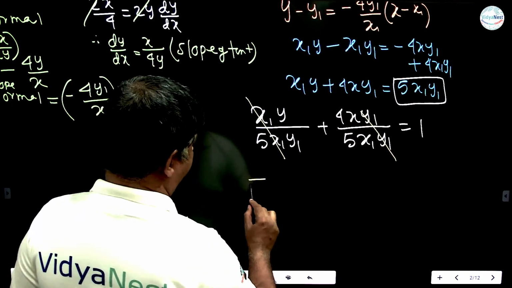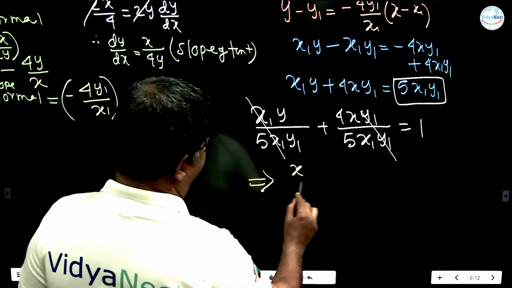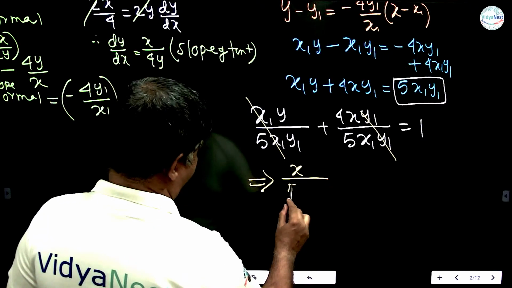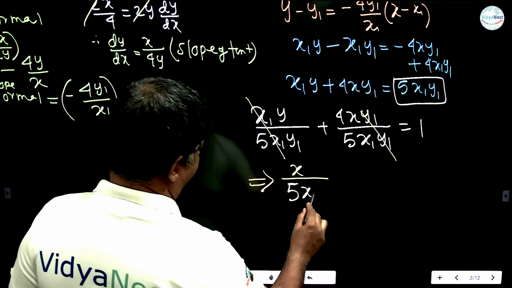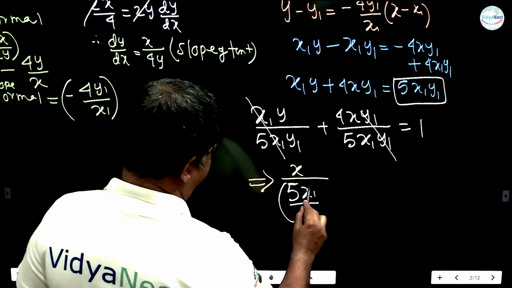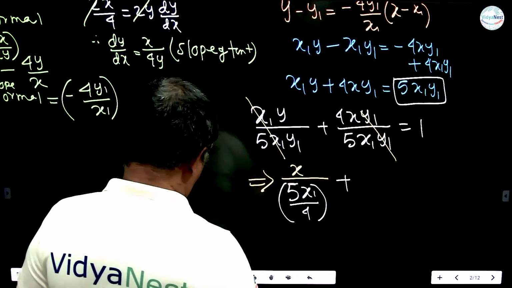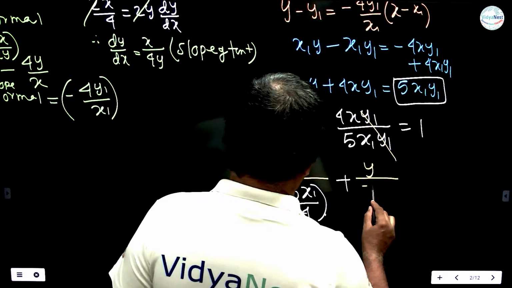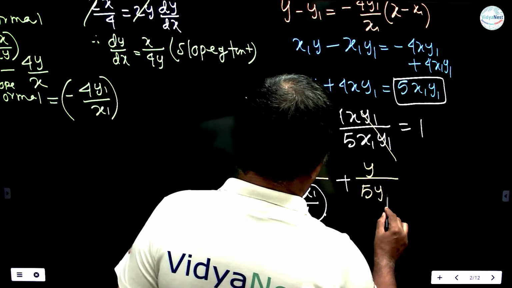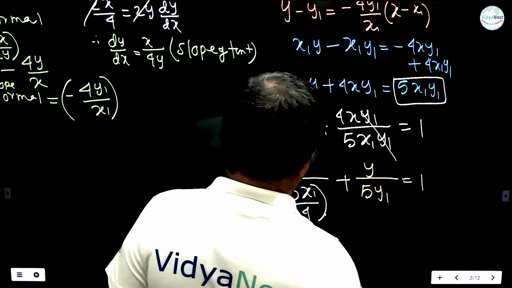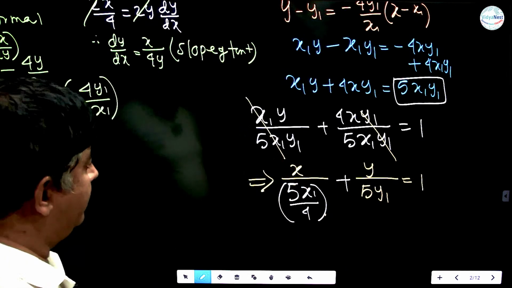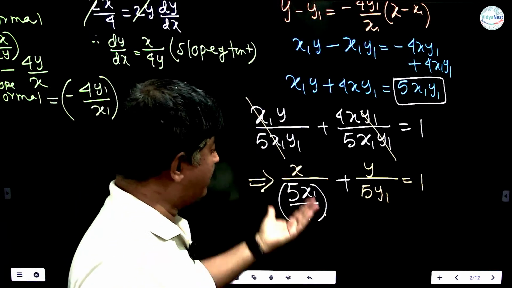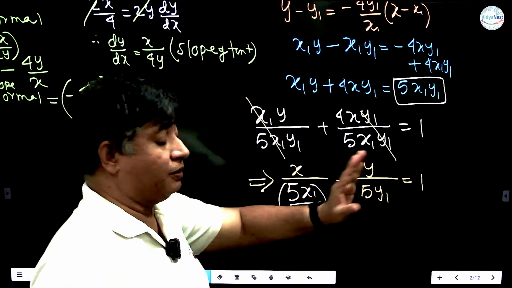So we are able to express the normal's equation in intercept form.